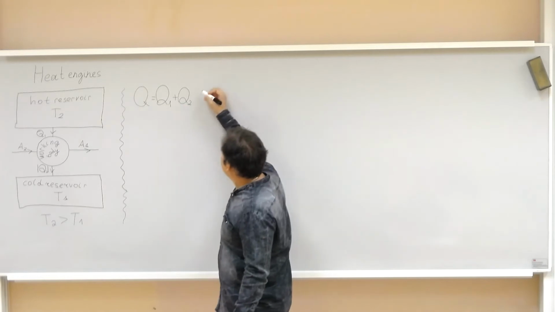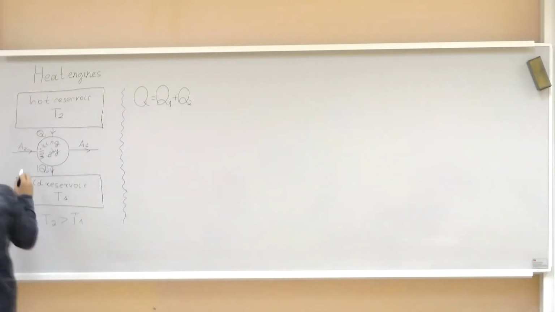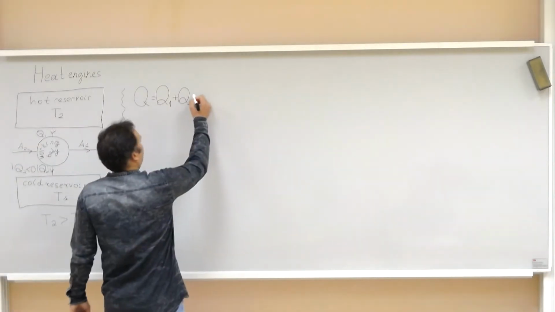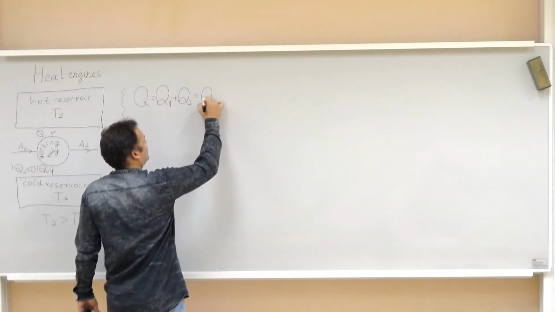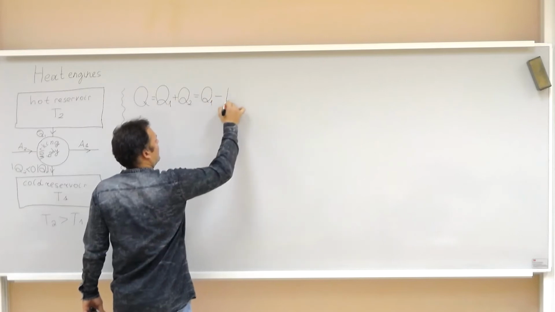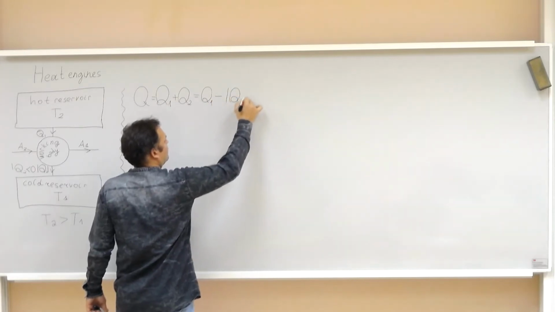As far as Q2 is negative, we can represent this in another way: Q equals Q1 minus the absolute value of Q2.